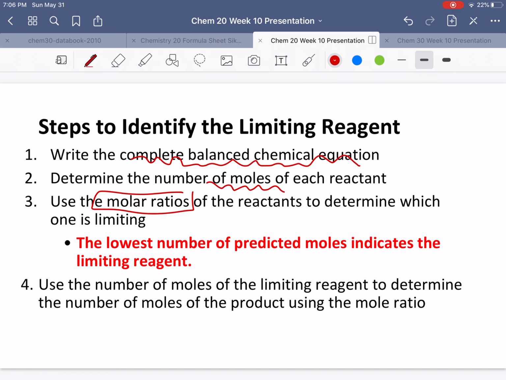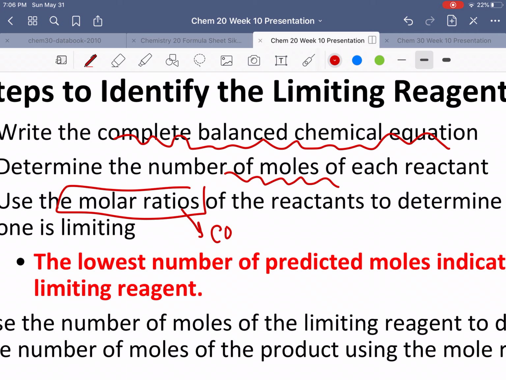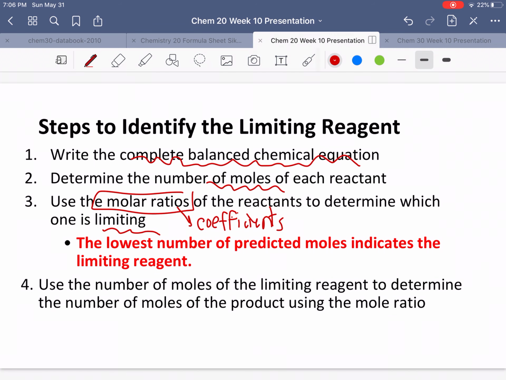So we're going to use the coefficients, in other words, is what I'm trying to say. Use the coefficients on those reactants to figure out which one is actually limiting. And that's where it is that lowest number, just like we got with the hydrogen gas.